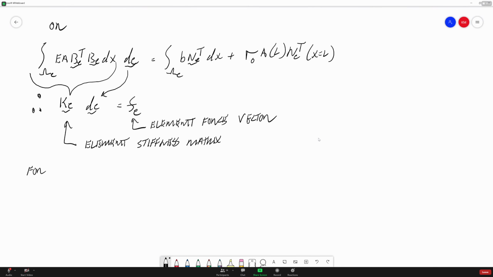And for L equals 2, which is what our problem was, we have KE equal to EA, the integral from -1 to 1 of BE transpose BE J dC, so the Jacobian, pulling in the derivative of our C space.